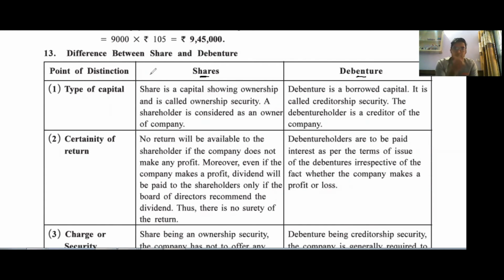Here, first of all, type of capital. In shares, shareholders are the real owners of the company, whereas debenture holders are the creditors of the company. Second one, no return will be available to the shareholder if the company does not make any profit, but there is a fixed amount of interest which the company has to pay to the debenture holders at a specific time. Simple.